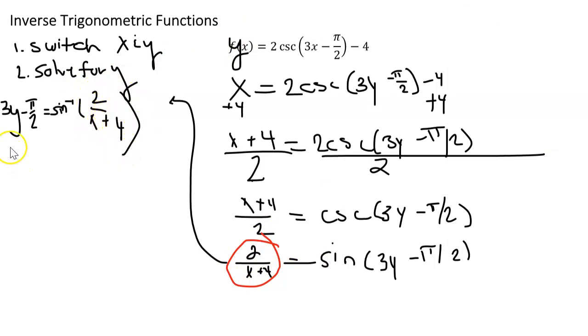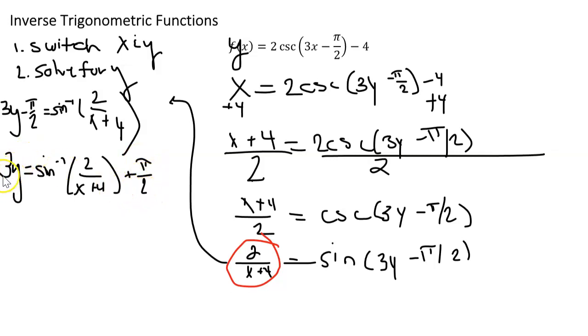I can wrap this equation up in 2 more steps to get y by itself. The next thing I'm going to do is add pi halves to inverse sine of 2 over x plus 4, plus pi halves.